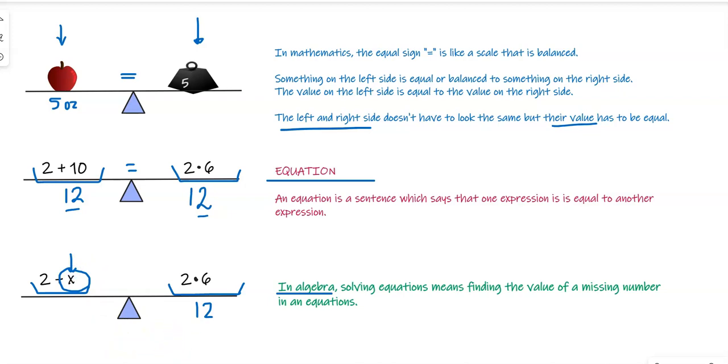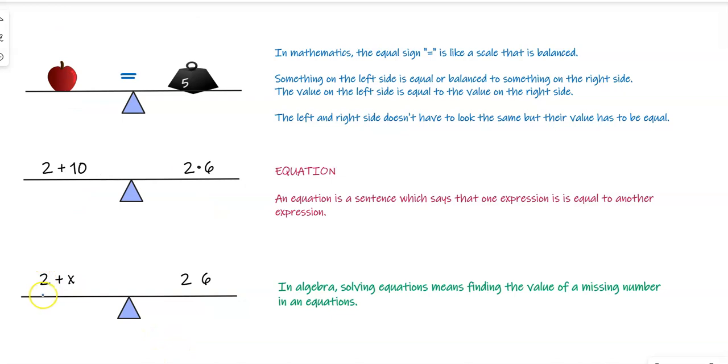What we can do here is use reasoning and say, okay, 2 plus something equals 12, and that something is 10, because we know that 2 plus 10 gives us a value of 12. That's something we are familiar with from maybe first grade, when we were learning addition facts.